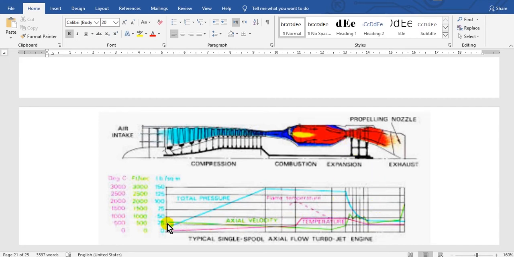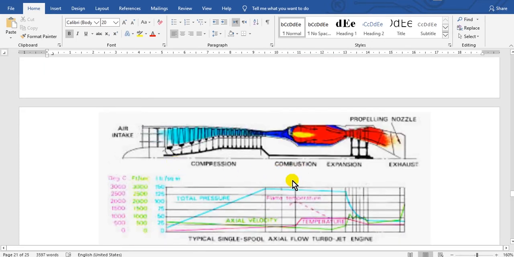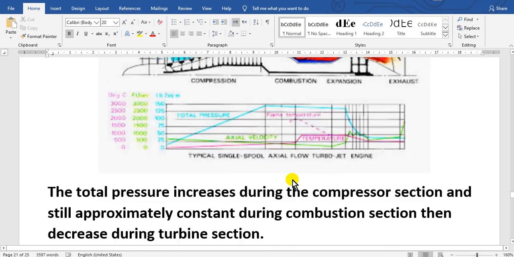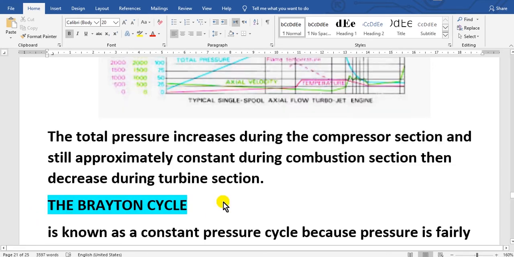Okay. And here is the velocity, according to the pressure during the stations of the engine. The total pressure increases during the compressor section, stays approximately constant during the combustion section, then decreases during the turbine section.